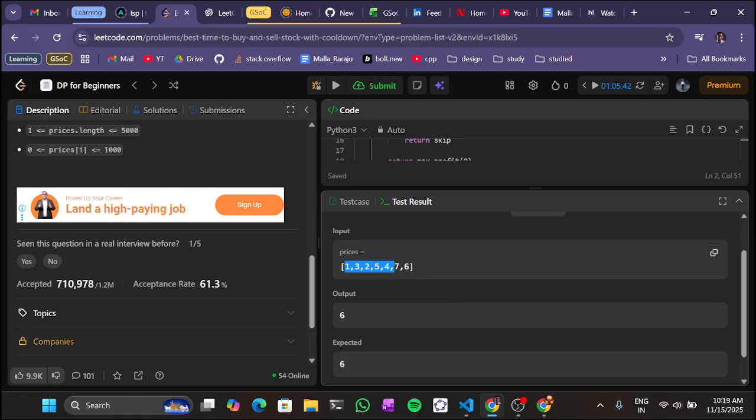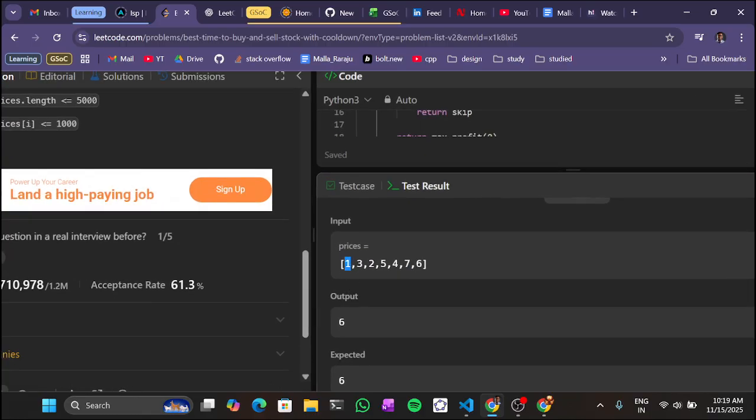And same goes here, 7 and 1. 1 and 3 will give 2, skip 2. 5 and 7 will give 2. We have to skip 6.